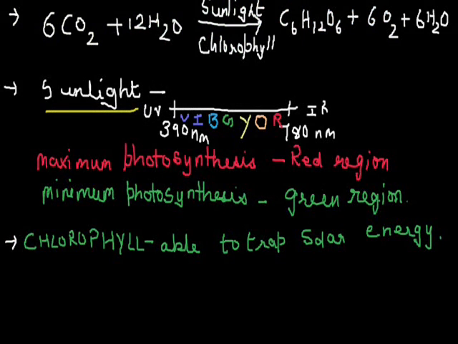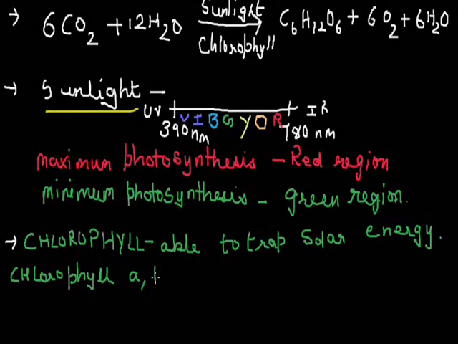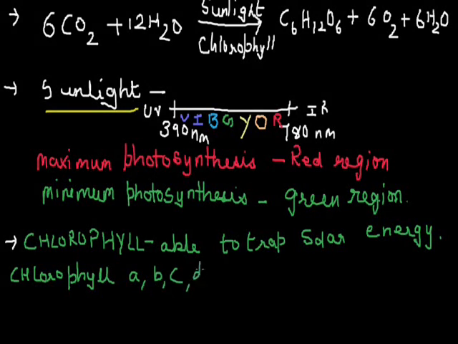Chlorophyll can be of many types: chlorophyll A, B, C, D, E, and bacteriochlorophyll, which is present in some autotrophic bacteria.